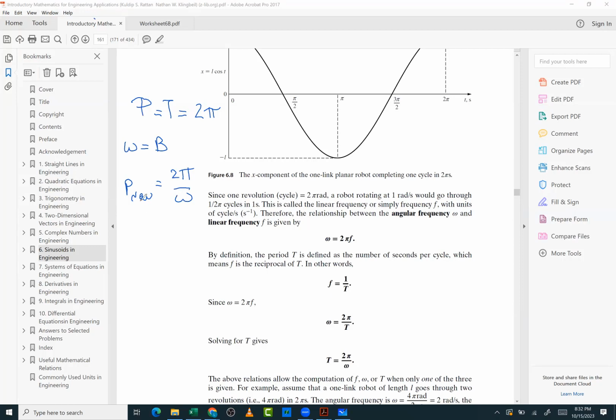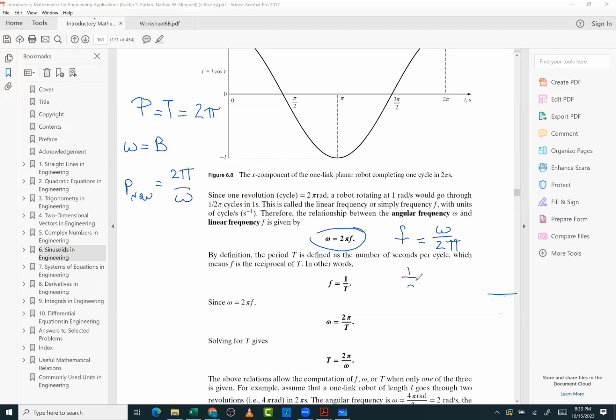Then with a little bit of algebra, the frequency is equal to omega over 2 pi.